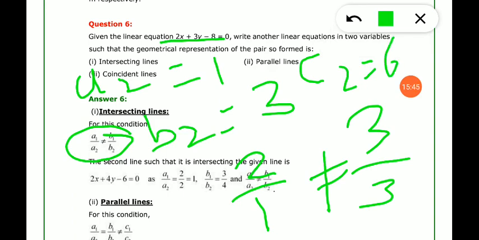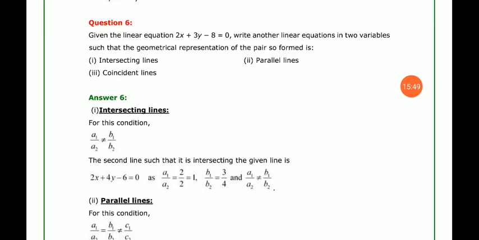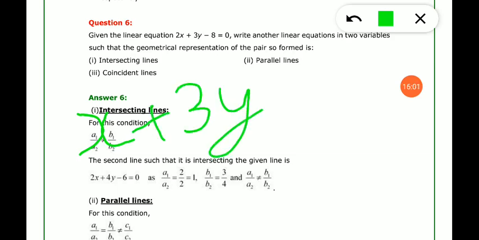Then what will be the equation? The equation will be x, because I have taken A2 as 1, B2 I have taken 3, so x plus 3y, and C2 I have taken 6, so plus 6 is equal to 0.